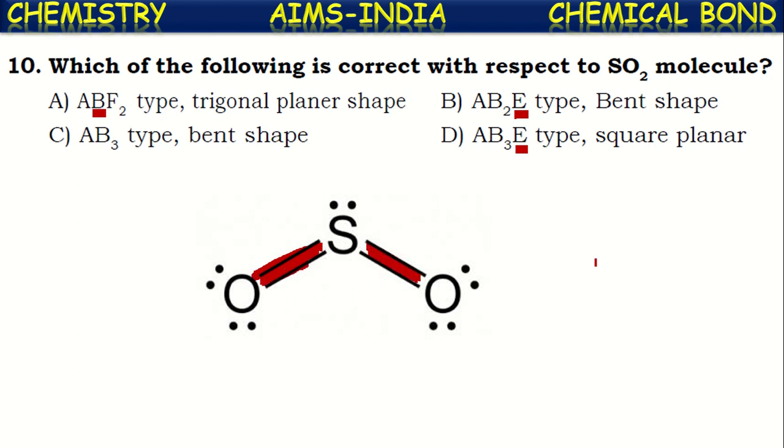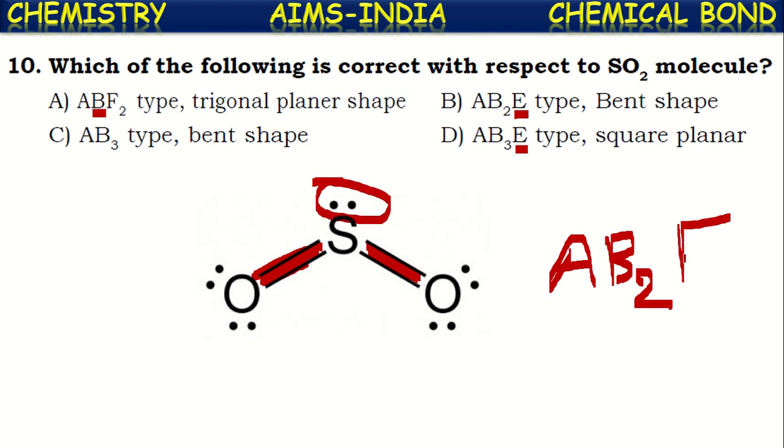Now on the central atom sulfur there are two bond pairs, which can be represented as AB2, and at the same time there is one lone pair of electrons on the sulfur. We can say this as E, so AB2E. So this is a molecule of AB2E type, and its shape is bent shape. This is correct. Okay, next.